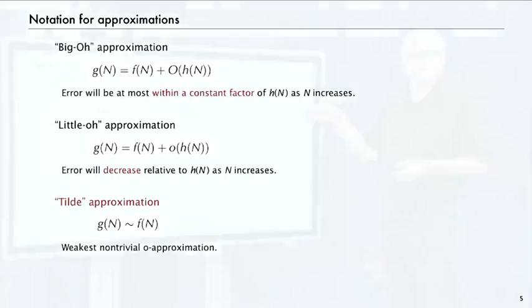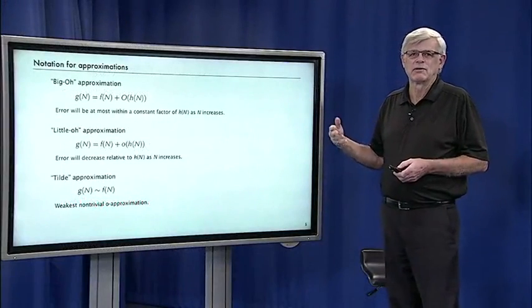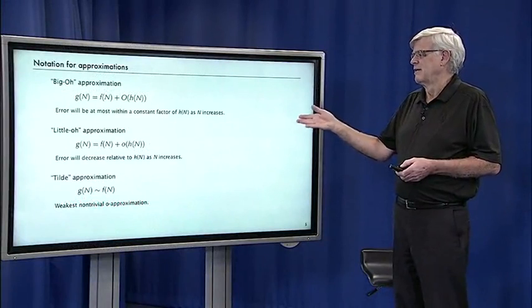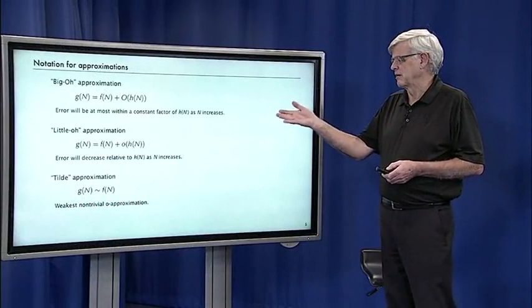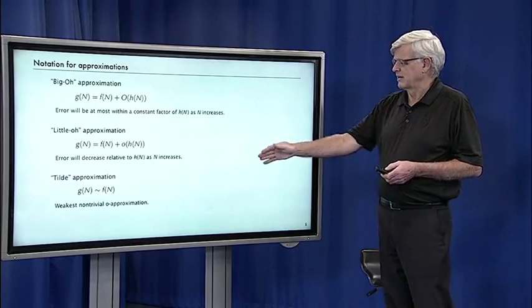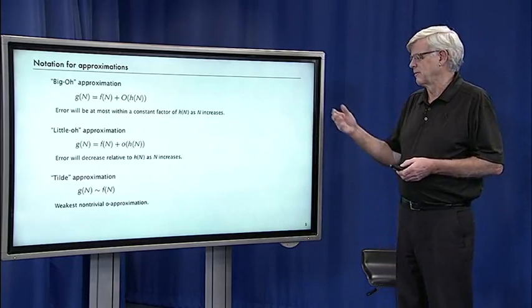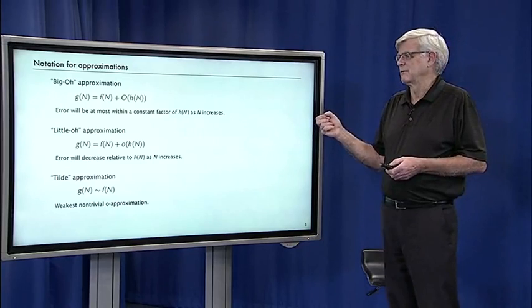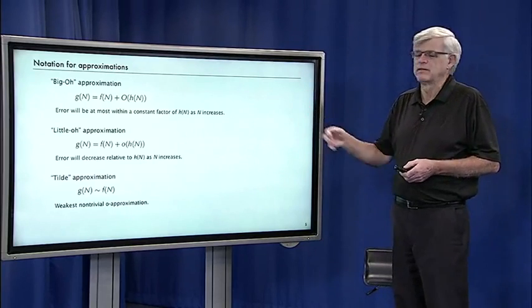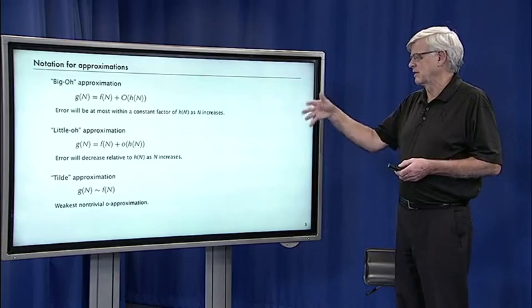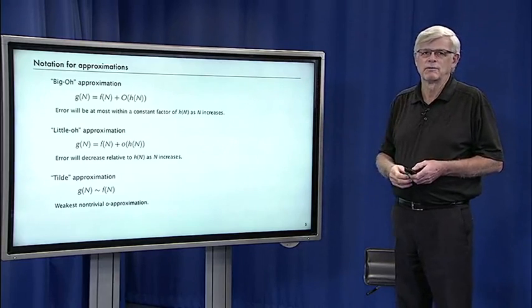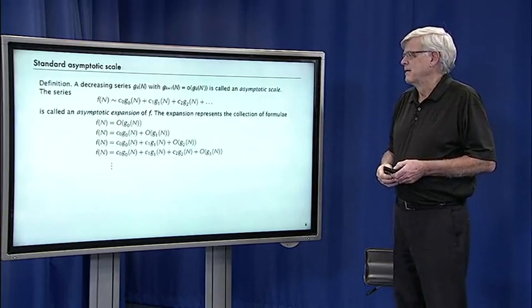Little o means that we know the error will decrease as n increases, and that's good. That means that for larger n we get a better result. And tilde, again, is the weakest non-trivial little o. As n increases, we expect a better result. And those are the basic approximations that we're going to be trying to develop.